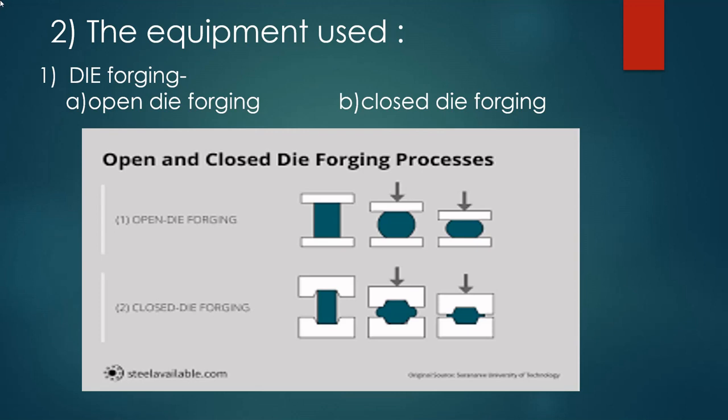These pipelines provide a path for the flow of flash. Now flash is the excess material. If we put in metal beyond the limit, then we can trim the metal job to its desired shape.